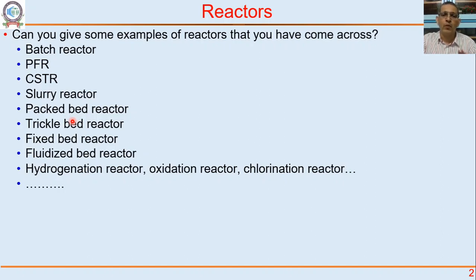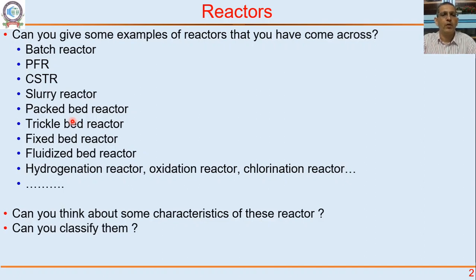Okay, what I would like you to do further is the following. First, can you think about some characteristics of each of these reactors? For example, for a batch reactor, a characteristic would be that it's a vessel in which there is an agitator, we charge things, we do the reaction, we heat up, we cool down, we remove the product, and so on and so forth.